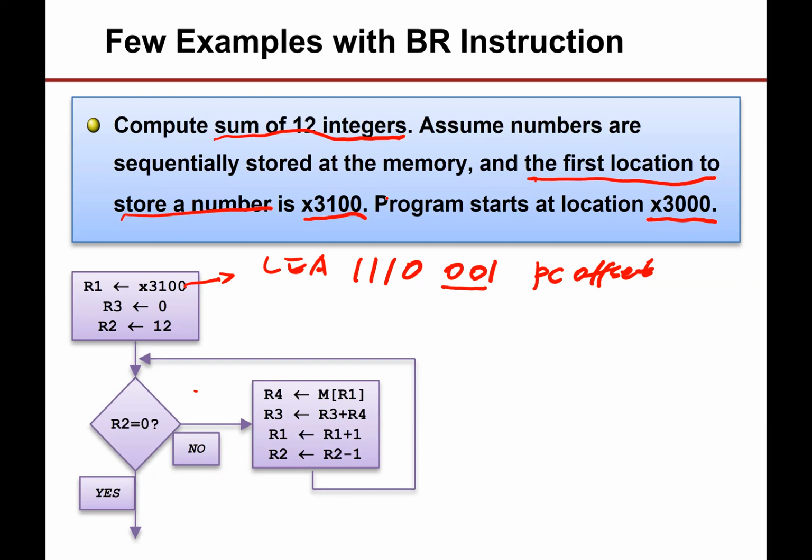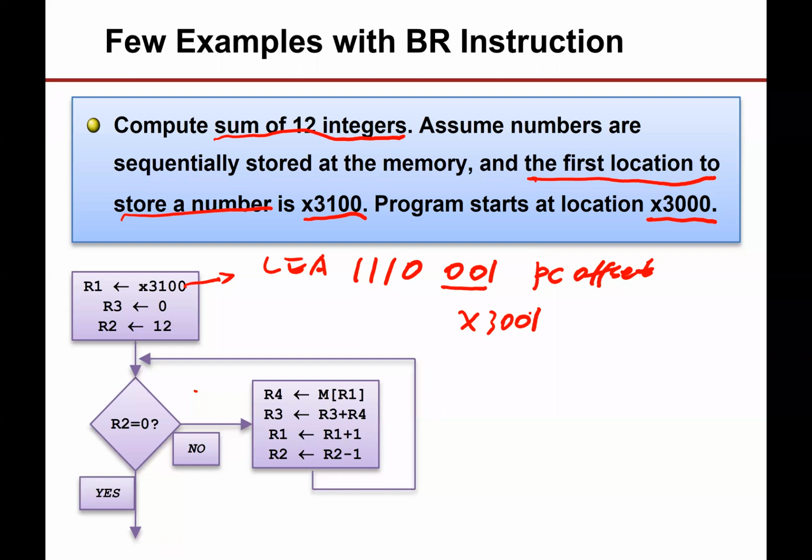Please remember that this is very important: the PC at the fetch phase is incremented. So here the PC actually is 3001.